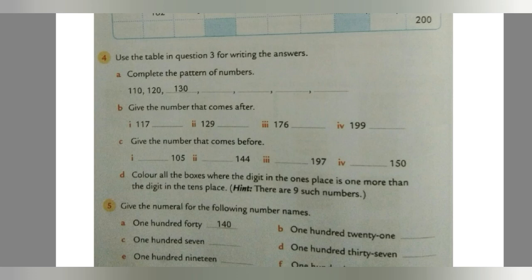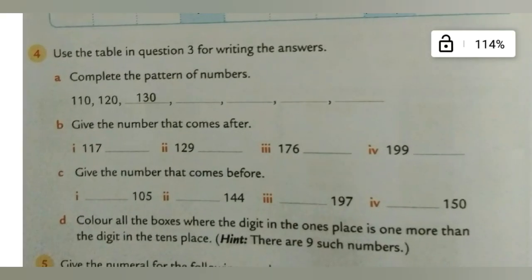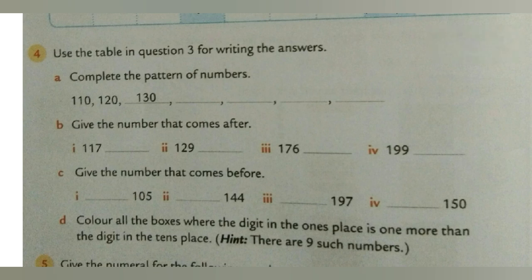Now, first one is complete the pattern of number. You need to check the pattern. What sort of pattern is going on, and you have to follow that. Like here, 110, 120, 130, and so on. That means a gap of 10, 10, 10 is being taken.